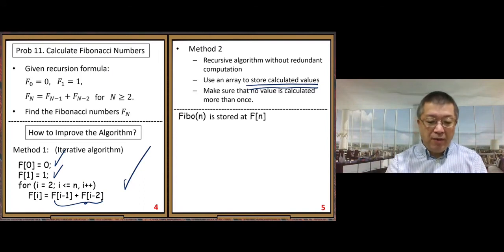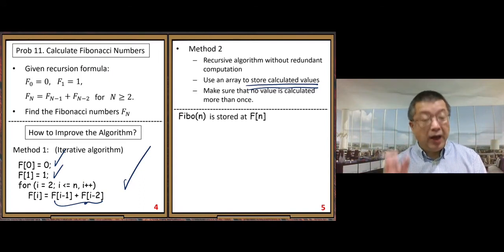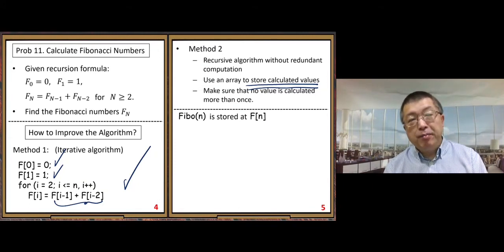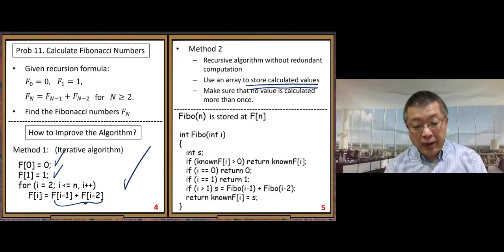Fibo of n, we store it in the f of n array. Actually, the method we use here is a very important topic. All right. So I will give you comments after we complete this implementation.